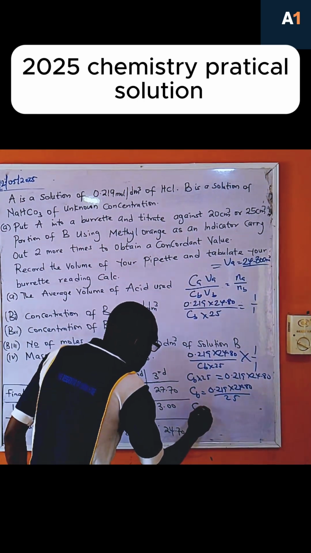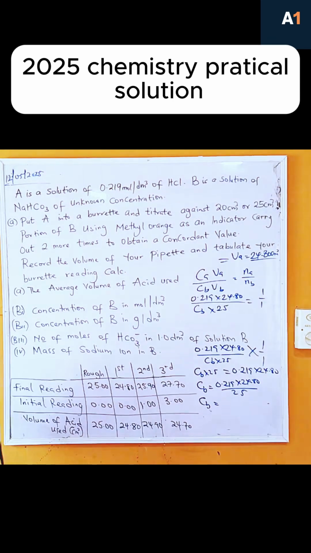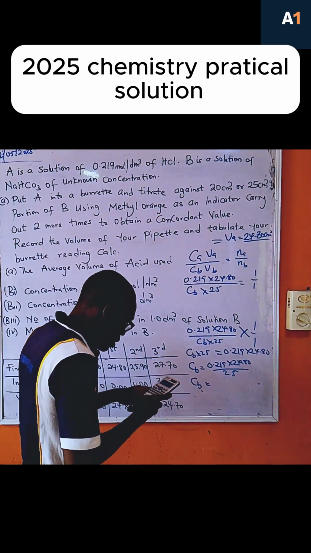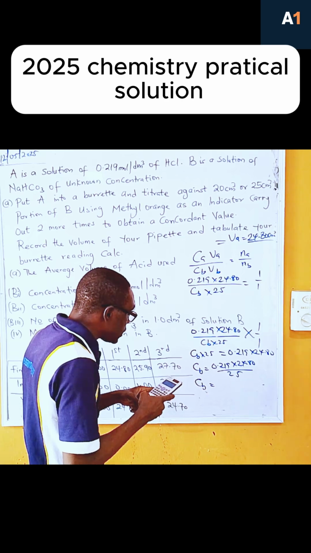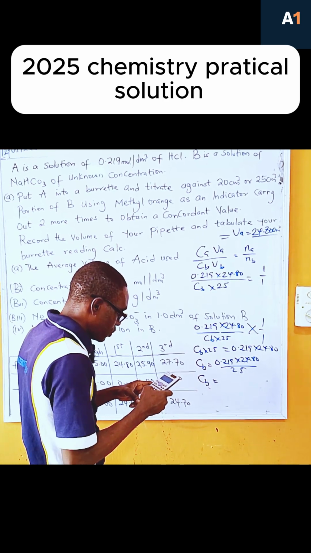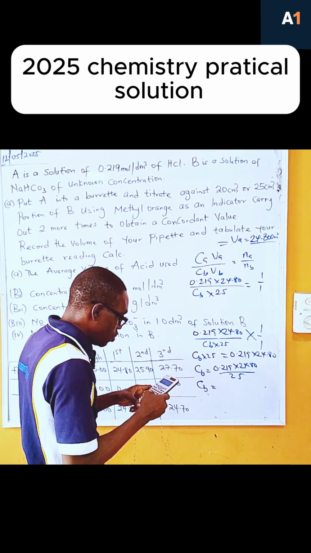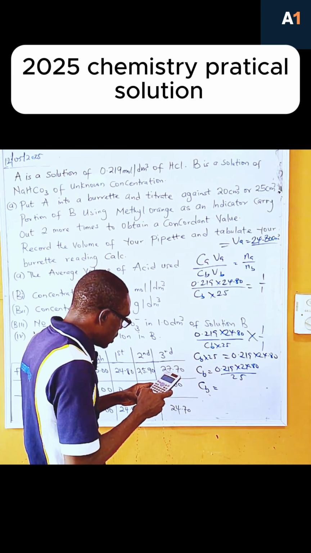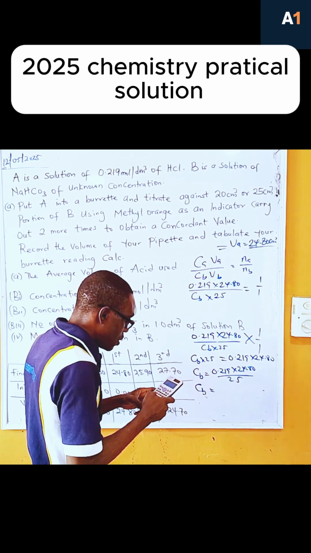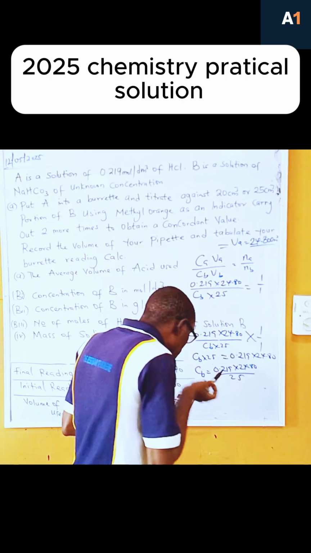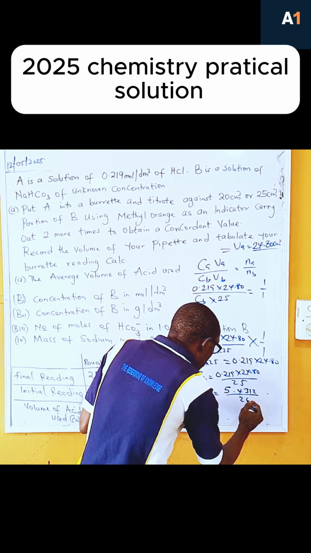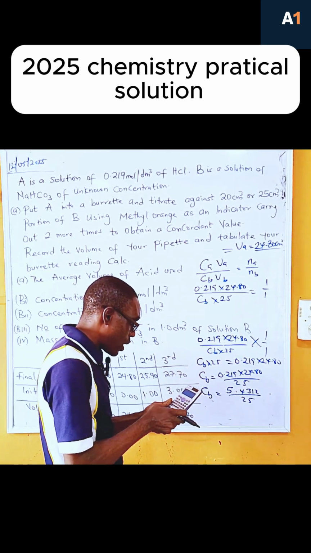Now we have Cb equal to, multiply this and this together using the calculator. 0.219 times 24.8, we have 5.4312, divided by 25.